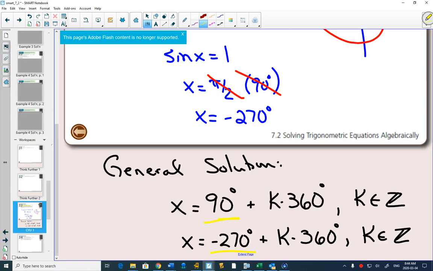Me, personally, I like the one where you take the first positive ones, or all the positive ones from 0 to 2 pi or 0 to 360, and use those ones. But I think some of the textbook answers have whatever answer you got in A, they use that in the general solution.